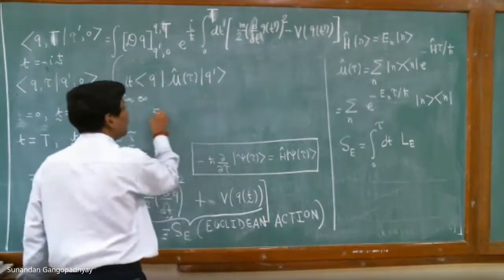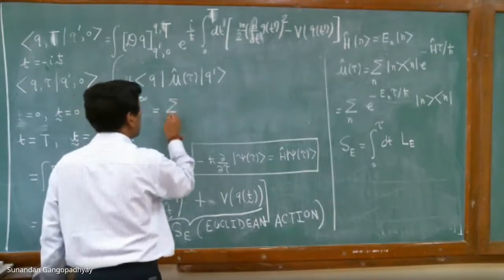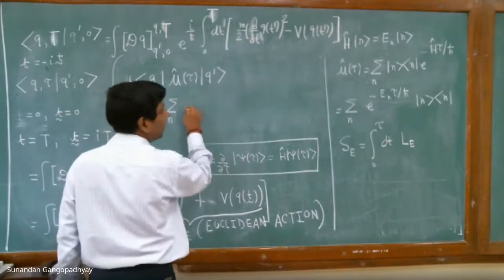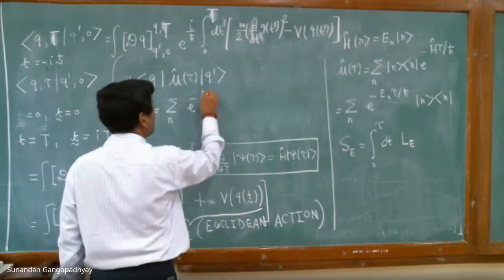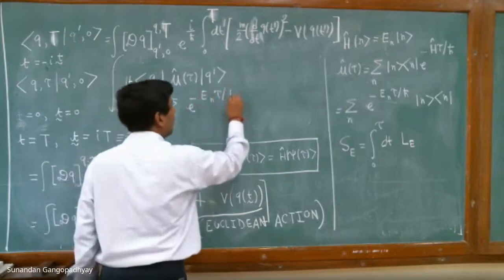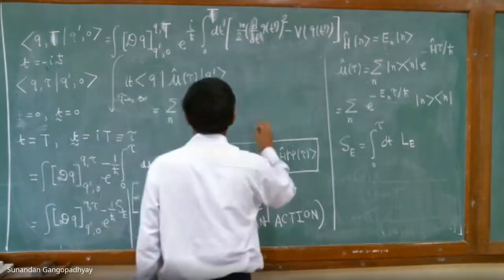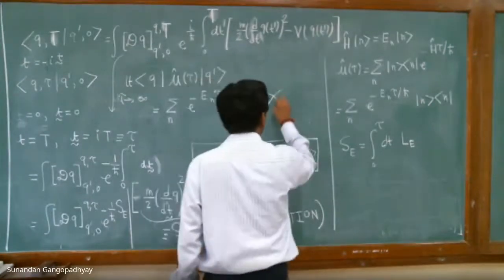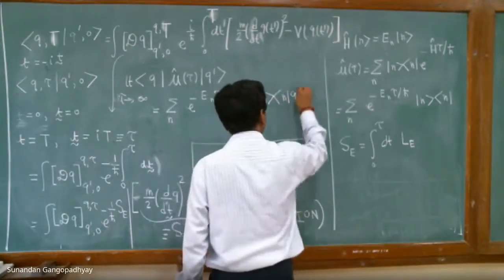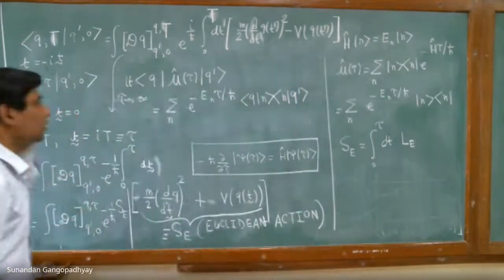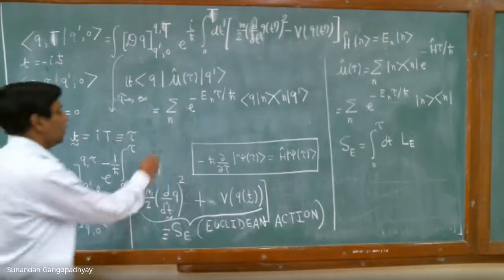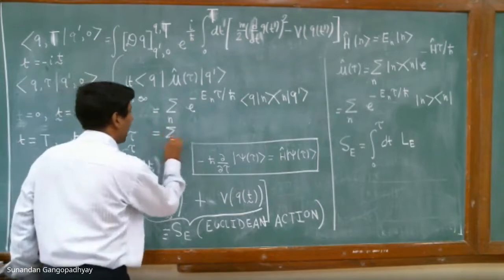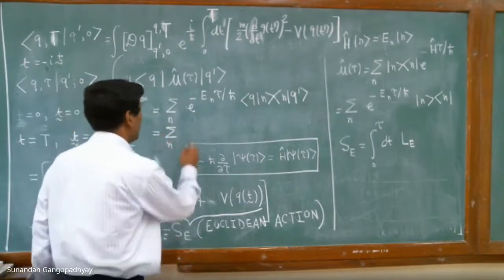Therefore, this will be equal to summation over n of exponential of minus E_n tau by h bar, then we have the states n and n prime. So this is what we have, and this is equal to summation over n.